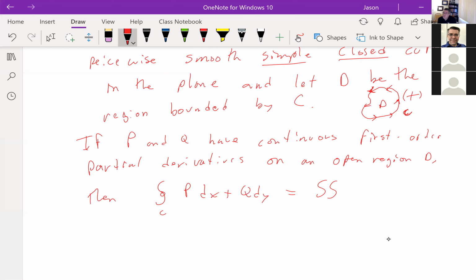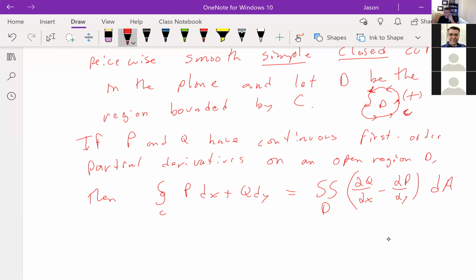Ooh, this is interesting. We're turning a line integral into a double integral over the domain D, which is the area. So the double integral of the partial of Q with respect to x minus the partial of P with respect to y, dA.